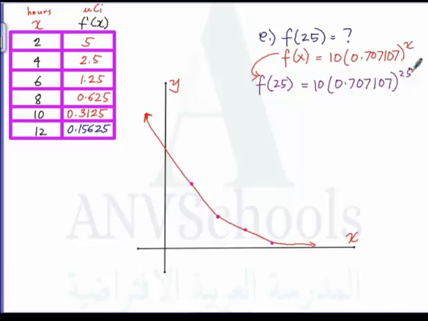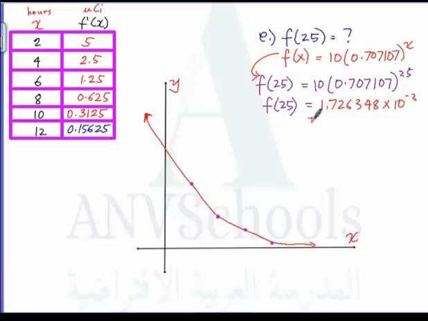raise our x to 25, and that gives me my f of 25 in the calculator. It gives me 1.726348 times 10 to the negative 3.